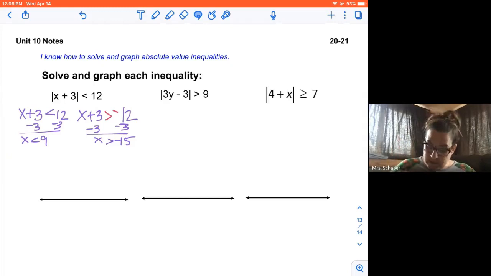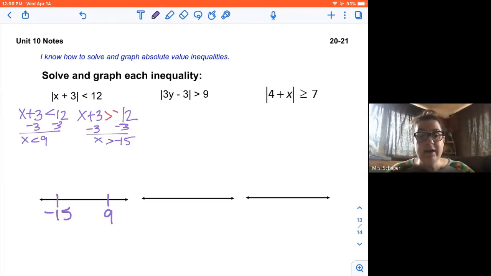Now my third step is to graph it. What I'm going to do is put the lesser number to the left, greater number to the right. I keep repeating that so I remember it. It looks like both are open dots. I have to figure out which way I shade. x is less than 9. Something less than 9 would be 0, and that's telling me I shade this direction.